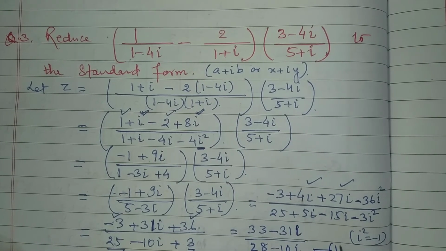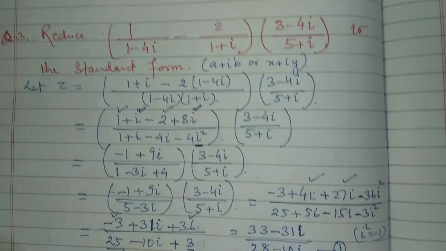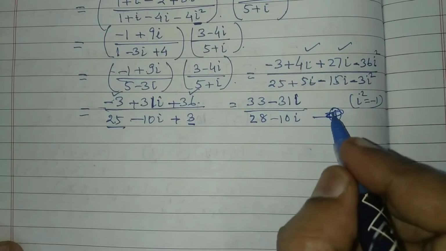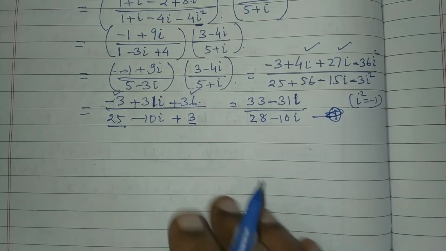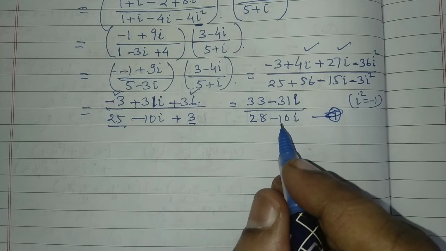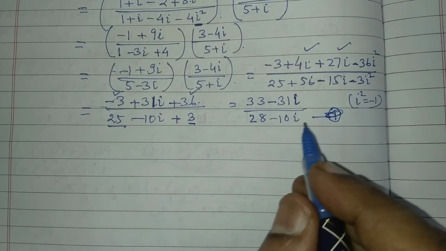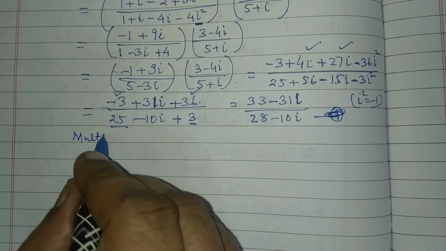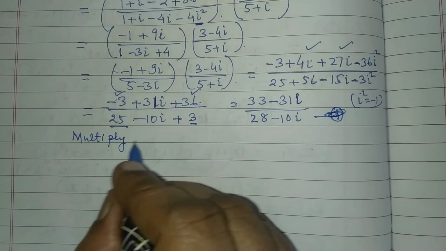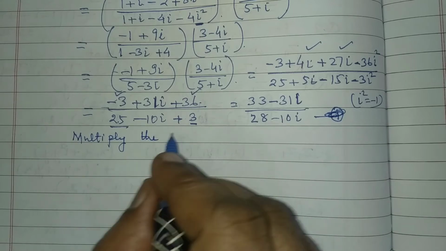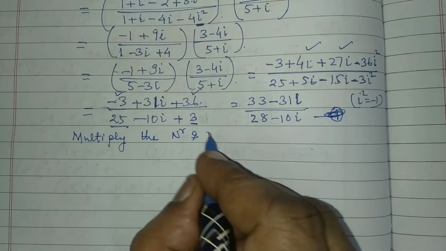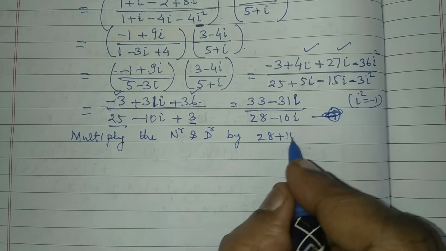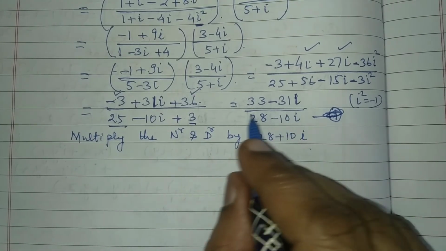After this, equation 1 I have written. After this what I will do is, here no need, this place I have left. So now we will multiply by its conjugate, by the conjugate of the denominator. So multiply the numerator and denominator by 28 plus 10i, which is the conjugate of this.